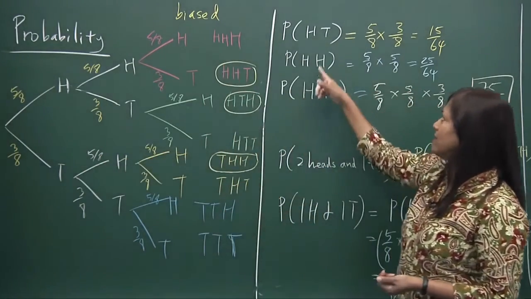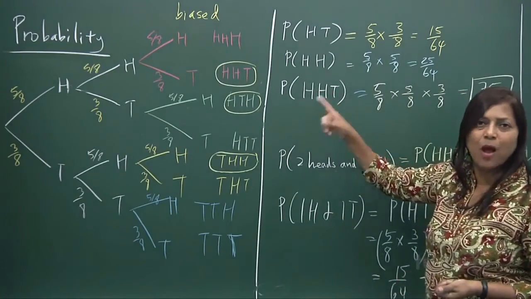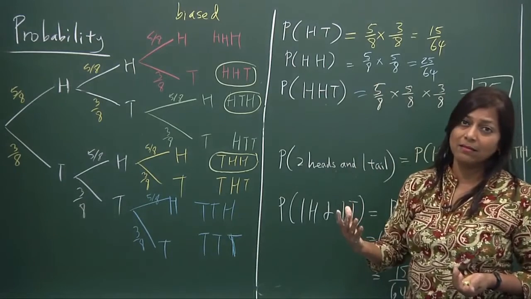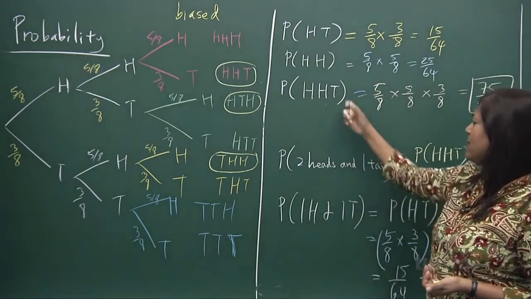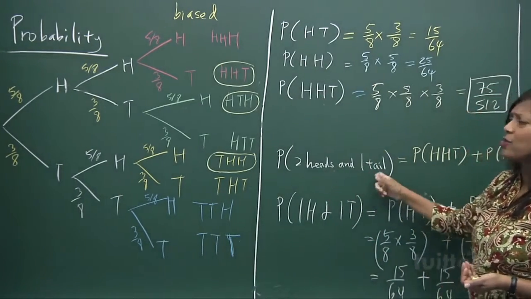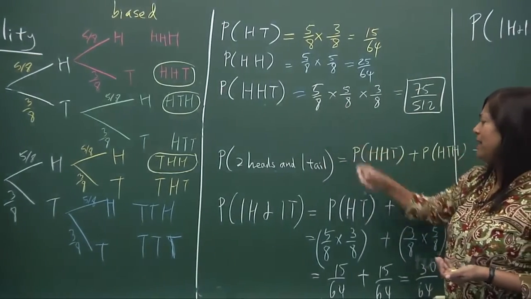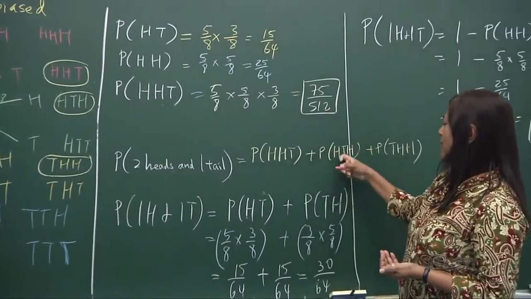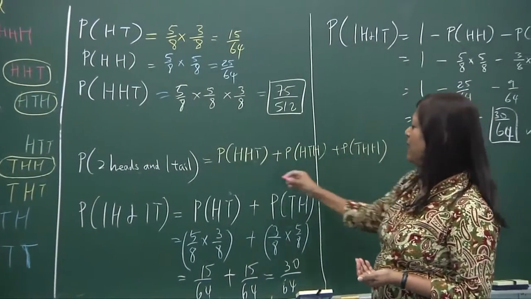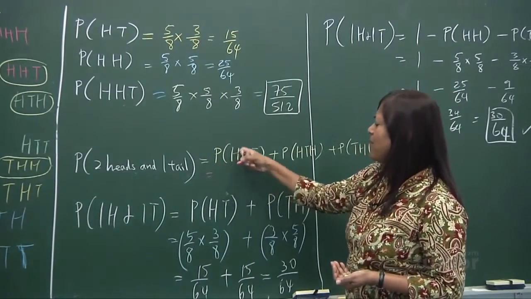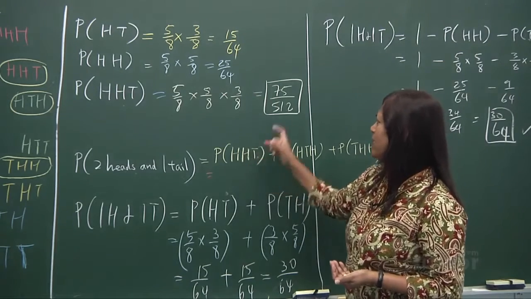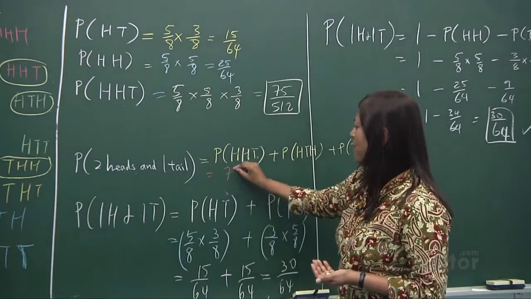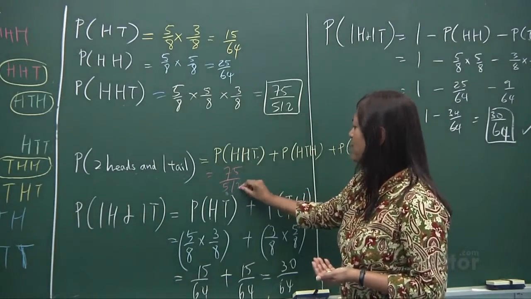So unlike this, which is telling you I want a head, I want a head, and I want a tail, this has got a better chance than that, because you've got a head, head, tail, a head, tail, head, and a tail, head, head. So when you work it out, 5/8 times 5/8 times 3/8, you've got 75 over 512.